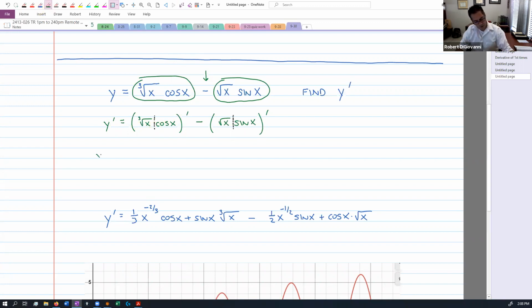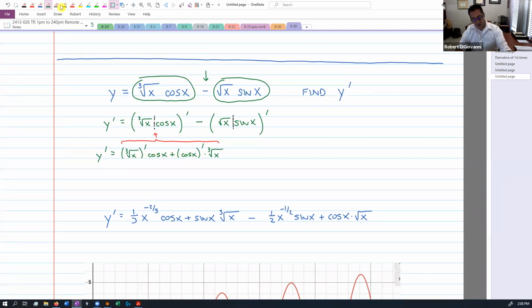The product rule says I take the derivative of the first one, whatever that is, times the second, plus the derivative of the second one, whatever that is, times the first one. That's my product rule being applied.